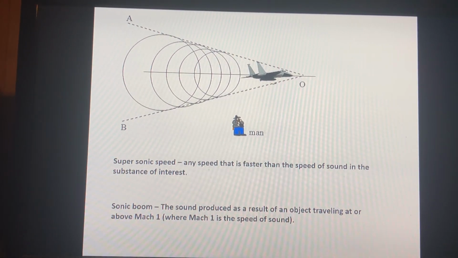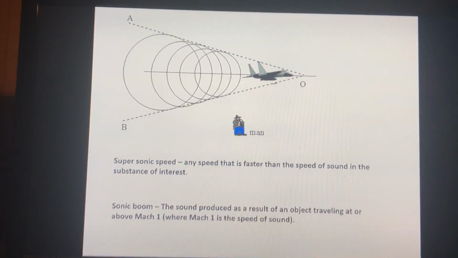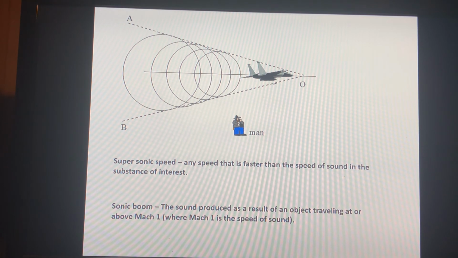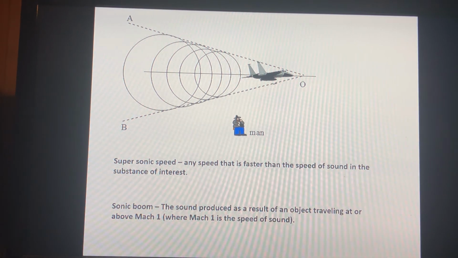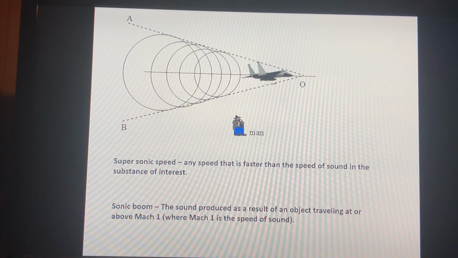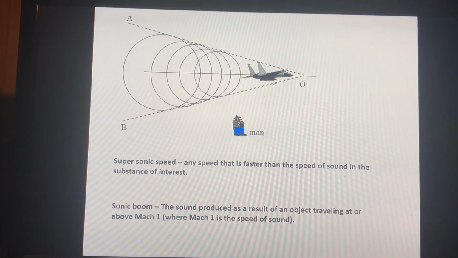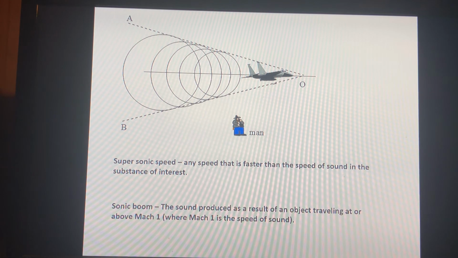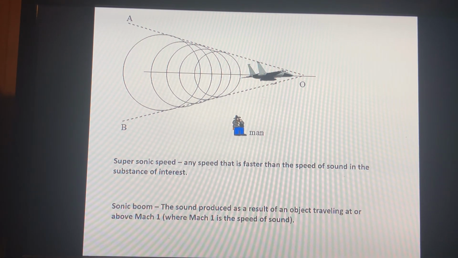And so even though it was supposed to slow down as it was coming into New York, as it passed over Long Island, it still was going above the speed of sound, and we always had our windows rattle as the Concorde flew over us. So a sonic boom is the sound that is produced as a result of an object traveling at or above Mach 1. Remember that Mach 1 is the speed of sound.